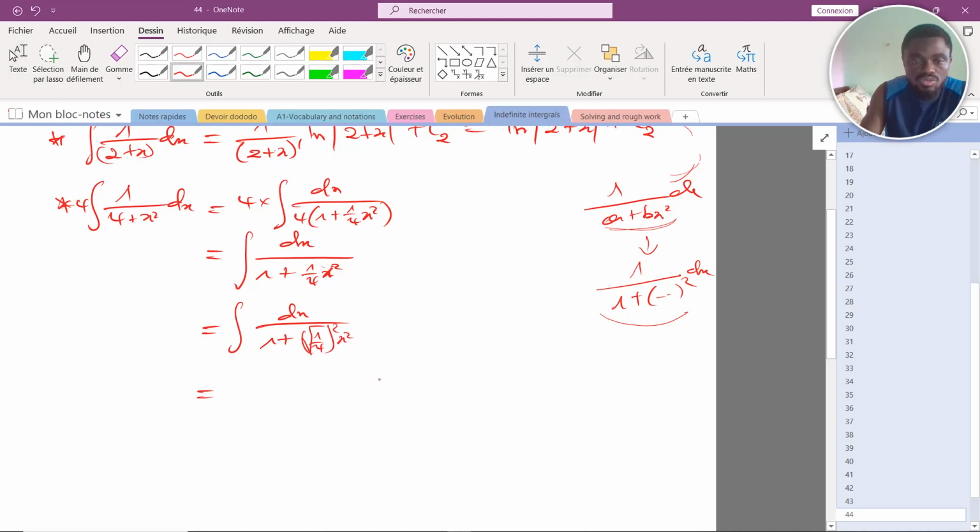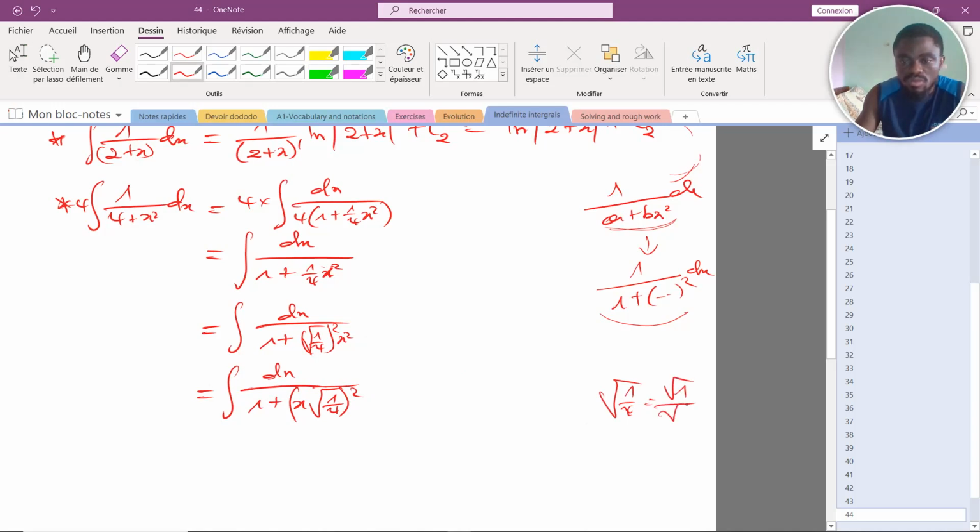So this will be equal to the integral of dx on 1 plus, since they have the same power, x times the square root of 1 on 4, all that squared. But the square root of 1 on 4 is the same as the square root of 1 over the square root of 4. Square root of 1 is 1 and the square root of 4 is 2.